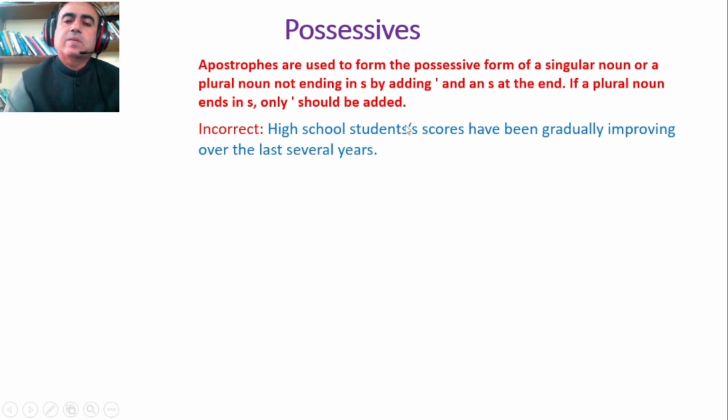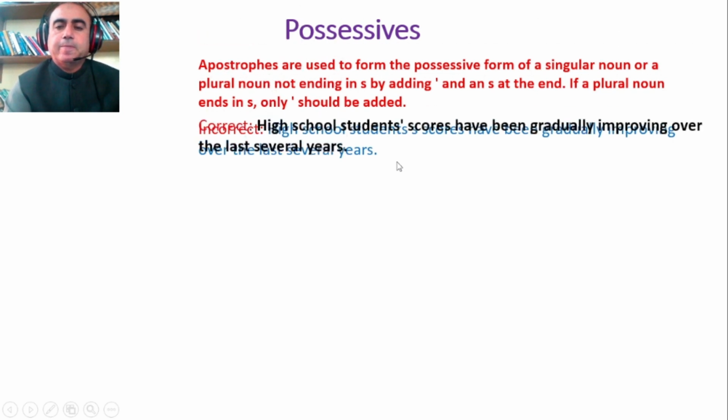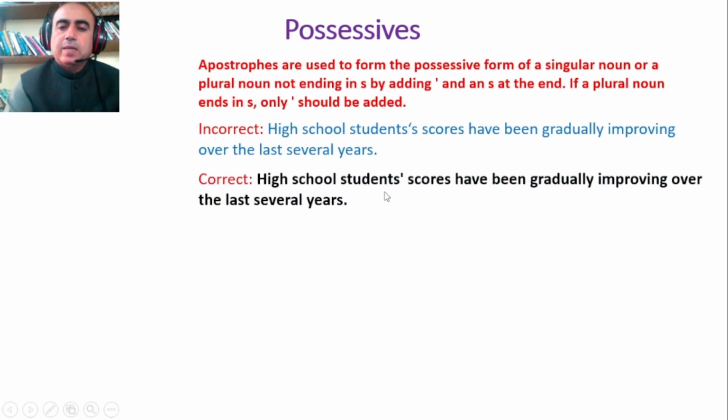After a plural, if it ends with s, we do not put apostrophe and s, we just put the sign of apostrophe, like high school students'. So here we do not put an extra s because it ends in an s sound. If a plural is made by the use of s, or any word ends in an s sound, in that case we just put a sign of apostrophe but no s.